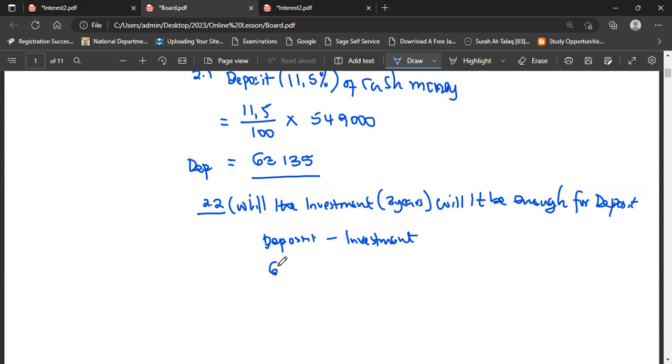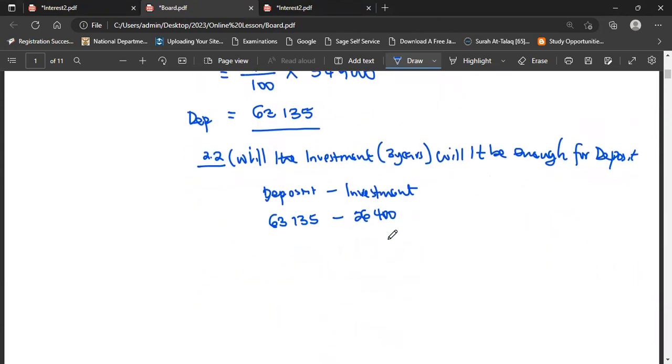So the deposit is supposed to be 63,135 minus 26,400, which will be 36,735.